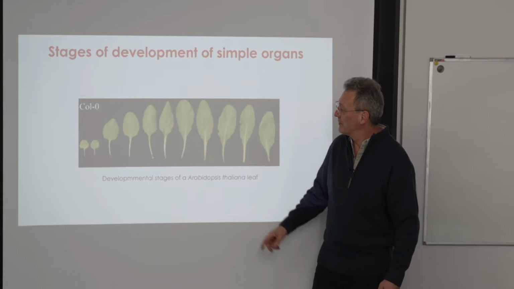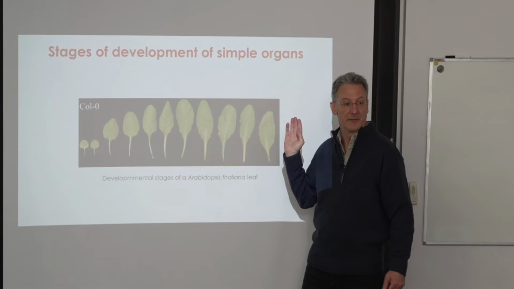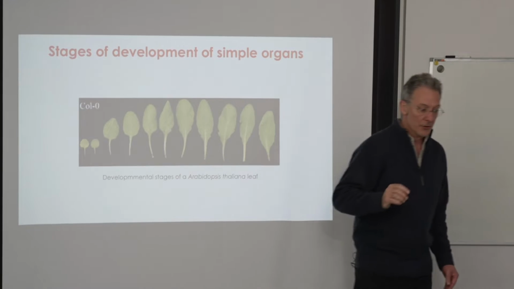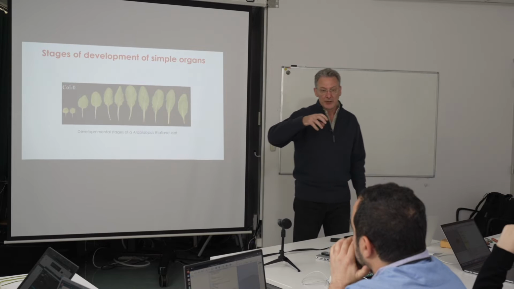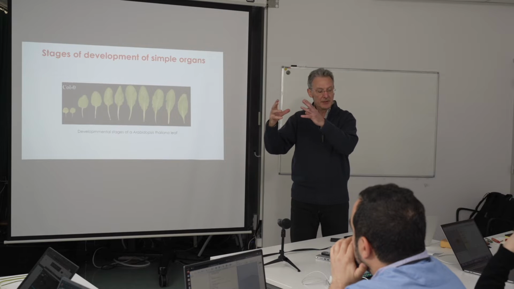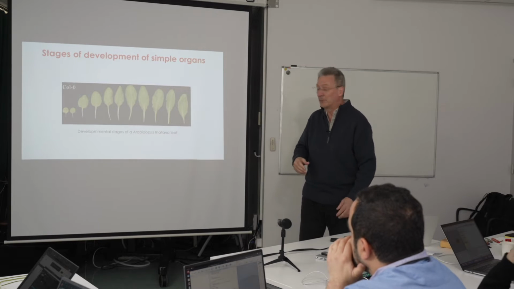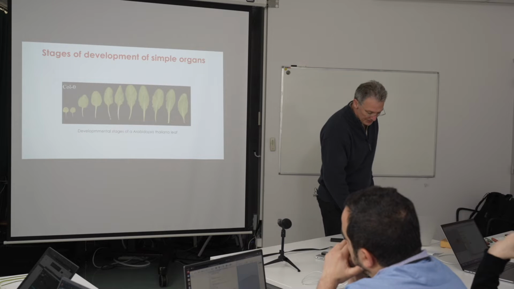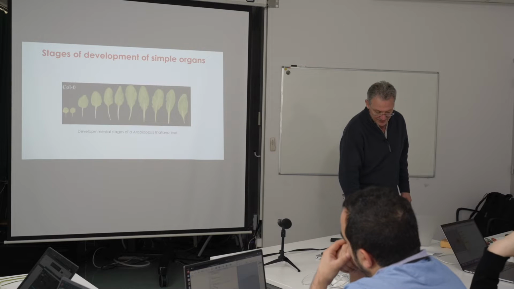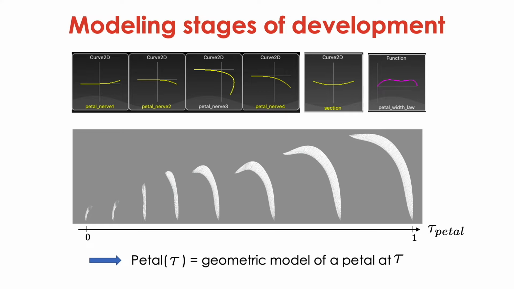But you could also imagine that you have a similar sequence in time for the development of the leaf. Okay, so you usually have one organ developing. It starts small, gets bigger and bigger, and then in the end stops the growth, and this is controlled with a sigmoidal function, as we said last time.